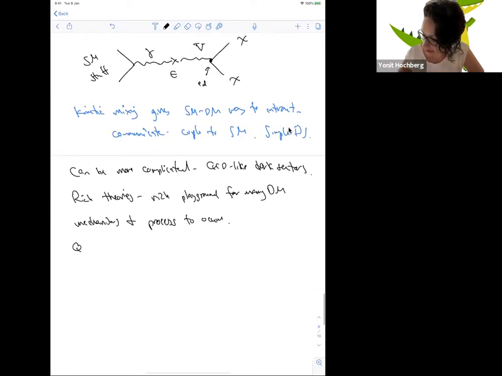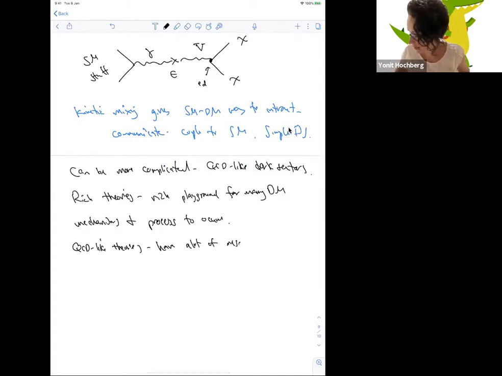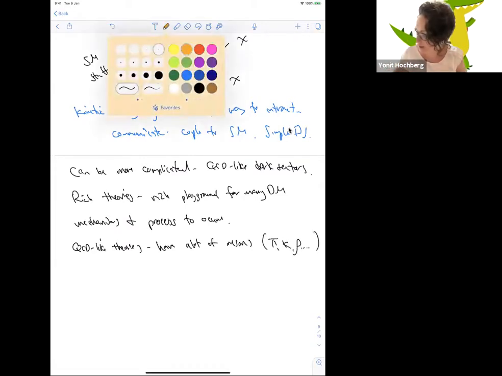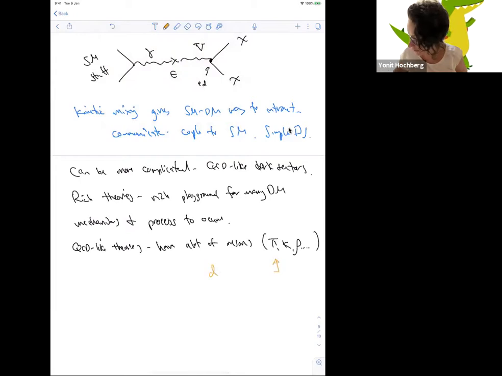And so in these QCD-like theories, QCD-like theories have a lot of mesons, okay? So, similar to what we have in the standard model, there are going to be dark equivalents to pions, dark equivalents to kaons, dark equivalents to rhos, etc. So these are all sorts of dark mesons that these theories are going to have.